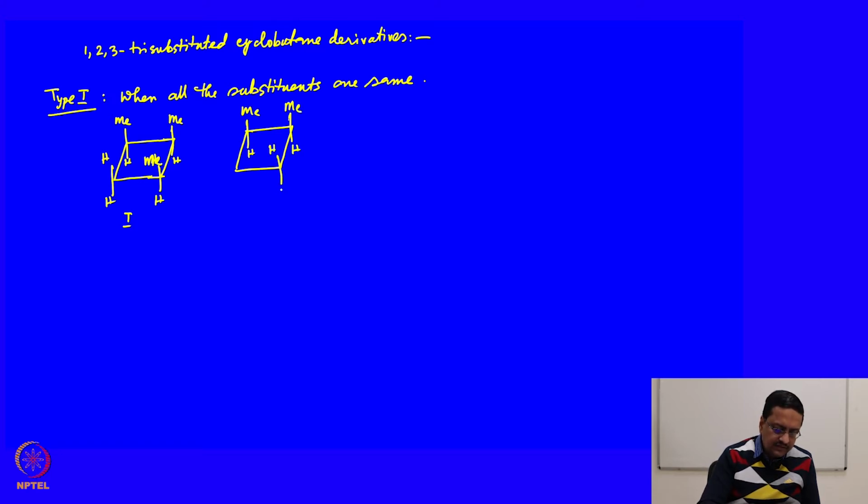This is the second one. And this is the third one that is possible for this type of molecule, where you have 3 equivalent or similar substitutions.